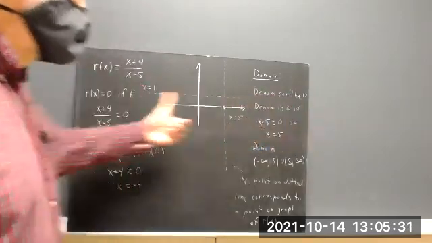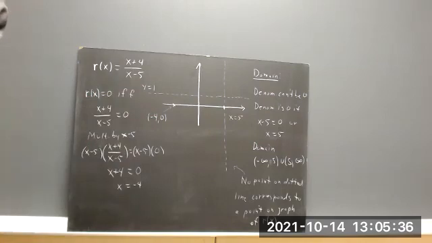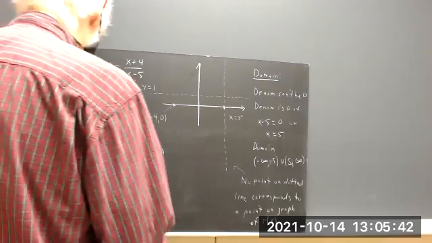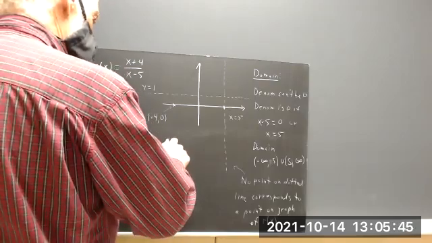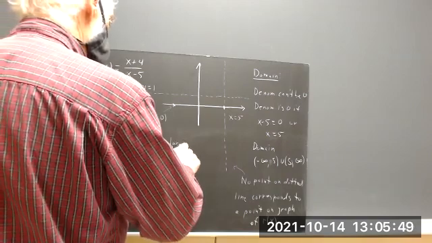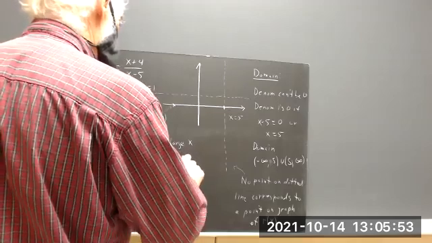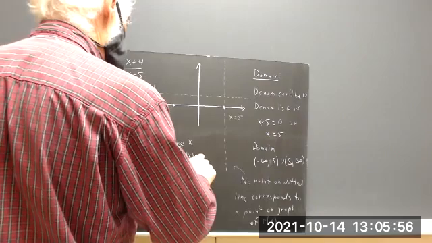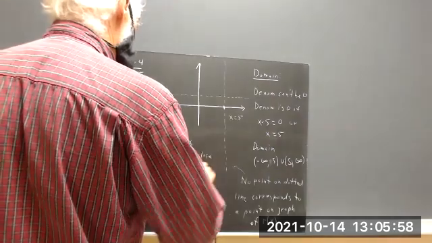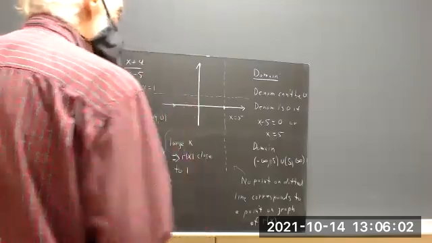Way out there and way out here, the graph is going to be close to this line. For large x, r of x is close to 1.